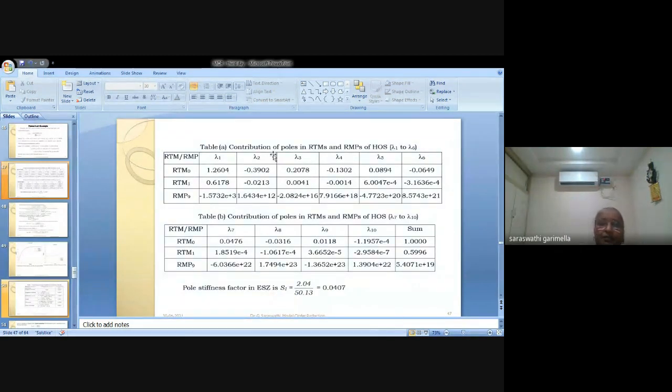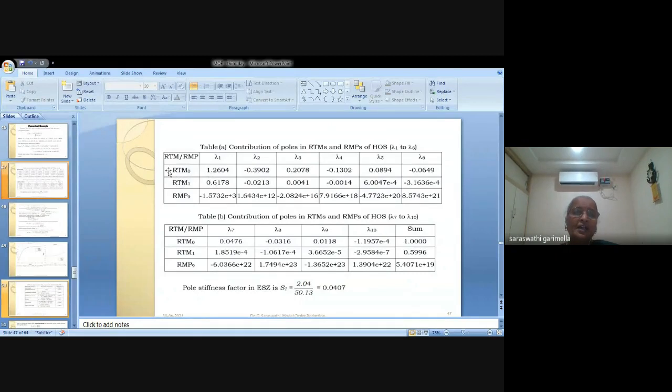That is why I considered it; actually you can have many RTMs and many RMPs. From 0 to 9 I can go. Not an infinite series, you will get 2n plus m.